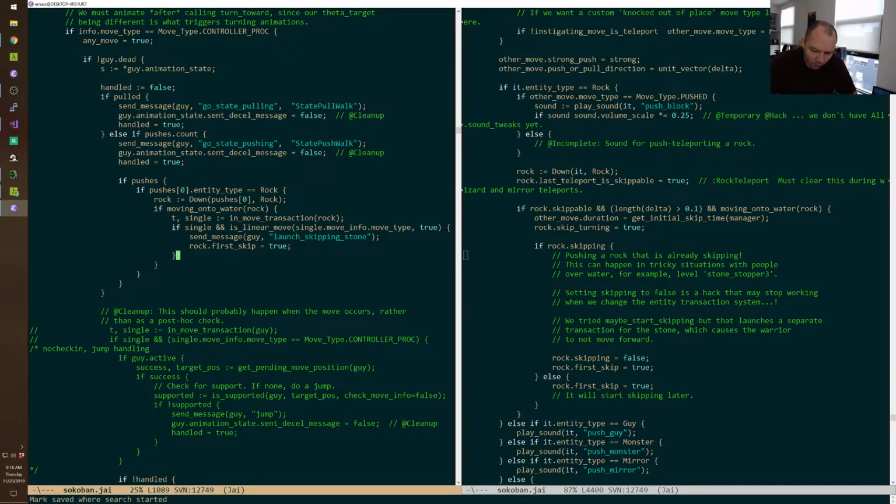We're putting the stone into the same transaction with the guy, which we should do in theory, because if one doesn't complete, the other shouldn't complete. In practice, for this kind of a thing, it probably doesn't matter.